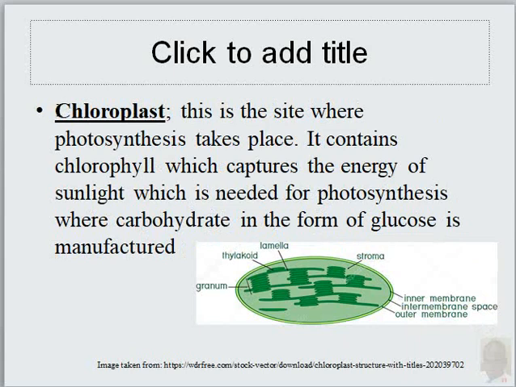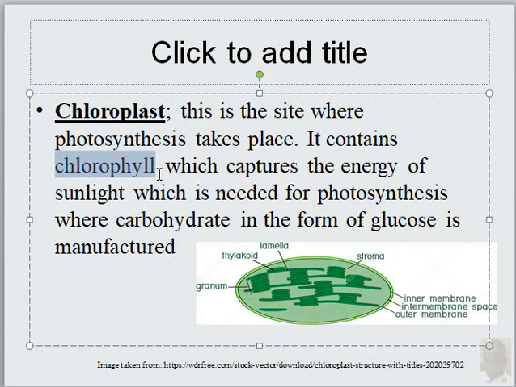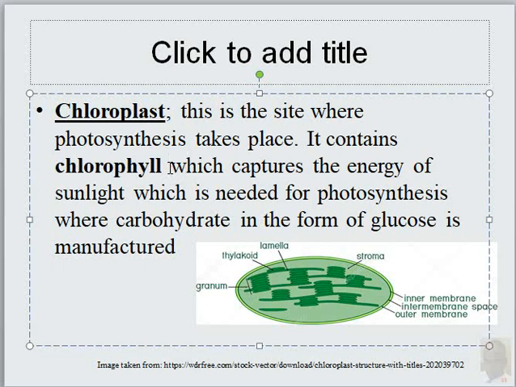The next organelle is the chloroplast. The chloroplast is found in plant cells, and it contains chlorophyll, and chlorophyll is a green pigment. Let me put green there so that it stands out for you.